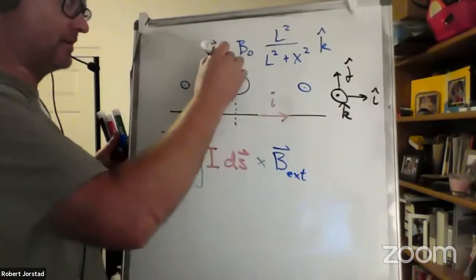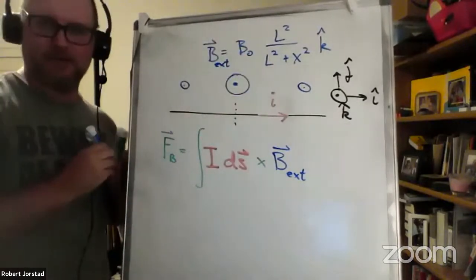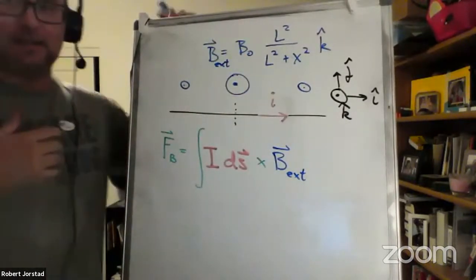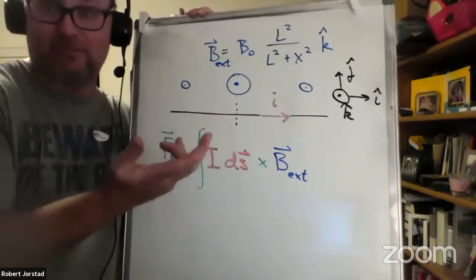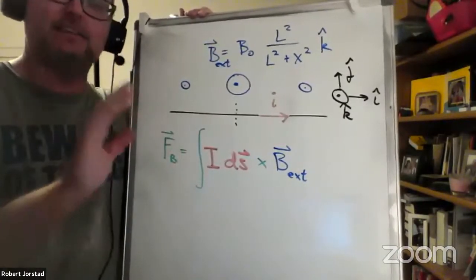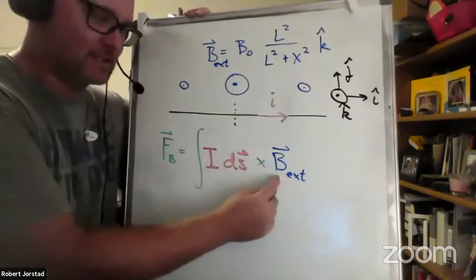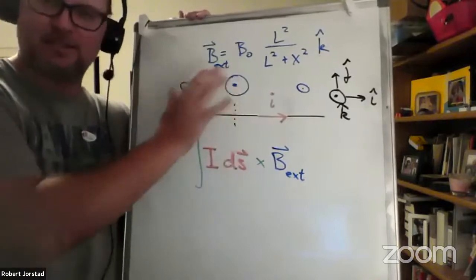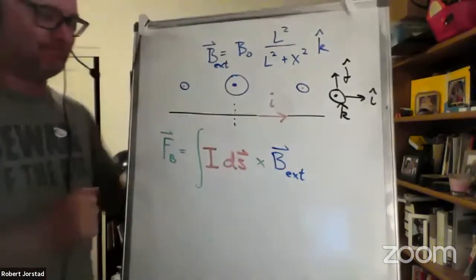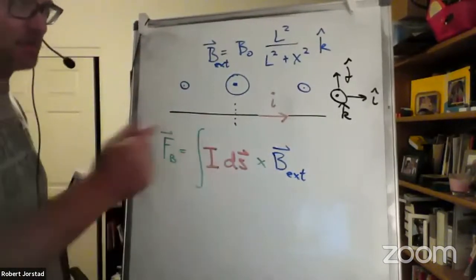More on that later. That's the field caused by an external magnet. Later on, it gets very confusing because the wire itself creates its own magnetic field, but that's a different magnetic field. We're talking about an external magnetic field, meaning a field that is external to the wire, caused by some magnets lying around. All right, what's ds in this problem? Help me out.